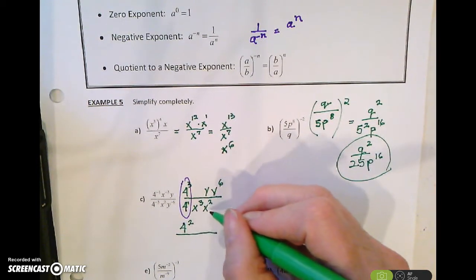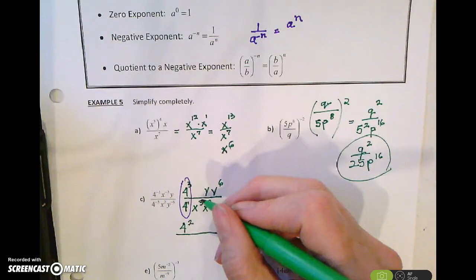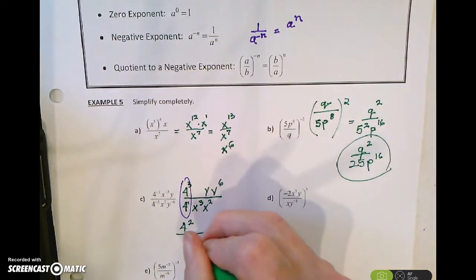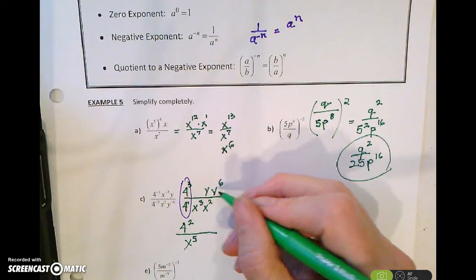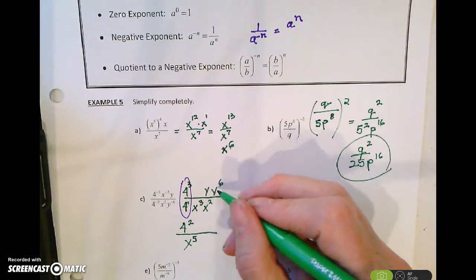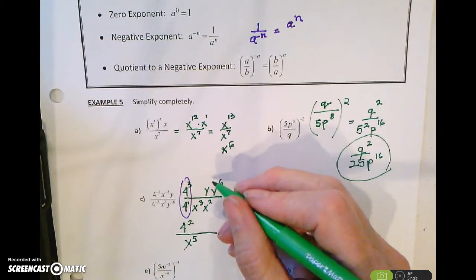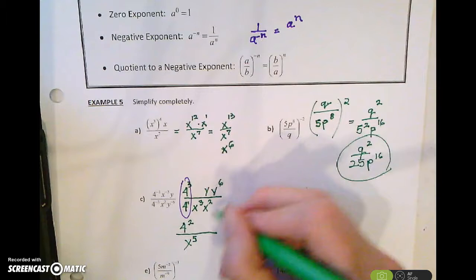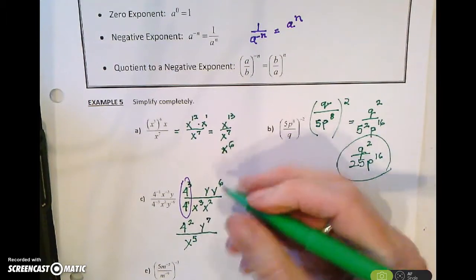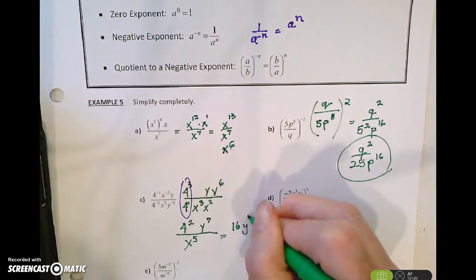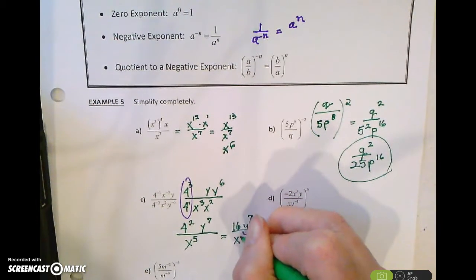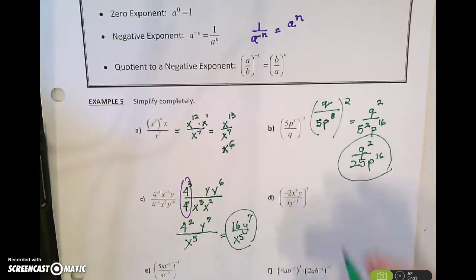So since I'm multiplying, I'm going to add their exponents and get x to the 5th. And my y's are both in the numerator, so I'm going to be multiplying. So I will add my exponents. 1 plus 6 is going to be y to the 7th. So 4 squared is 16. Y to the 7th divided by x to the 5th.